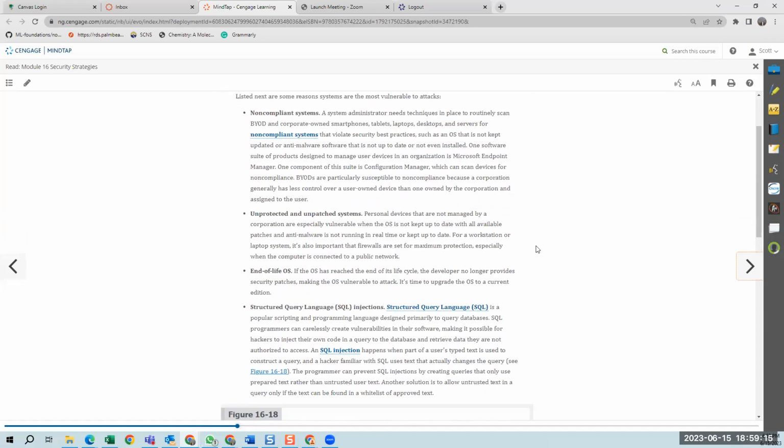So if we look at what we were just dealing with, the different concepts that we just talked about, they've got what they call reasons that we would be considered or deemed vulnerable to attacks. How do we end up vulnerable?